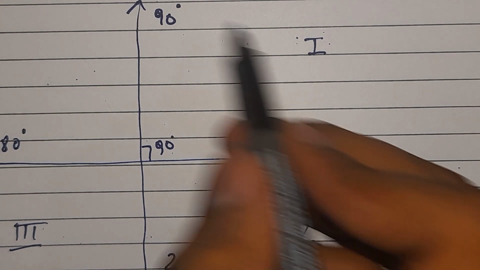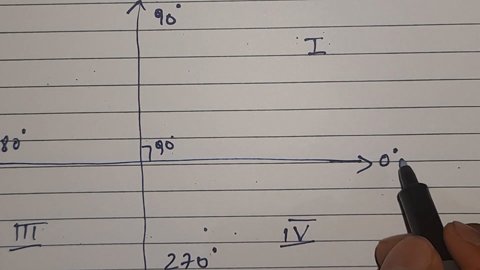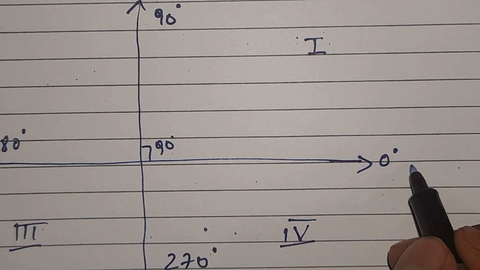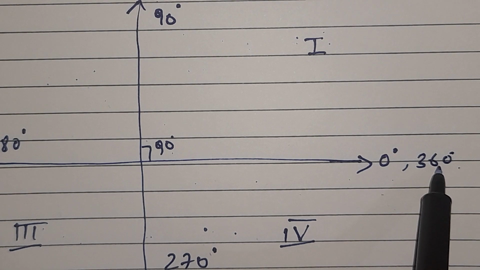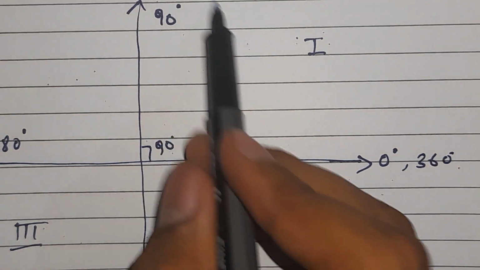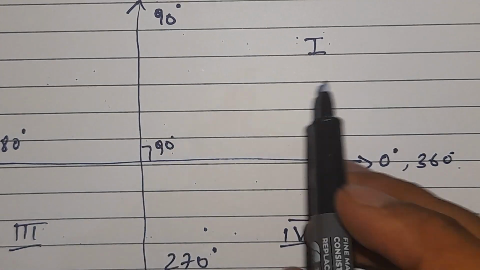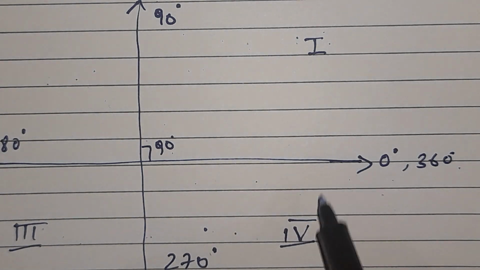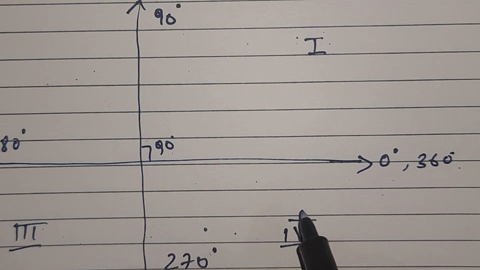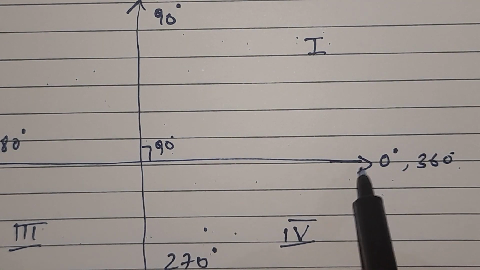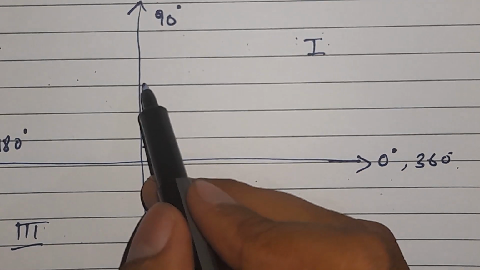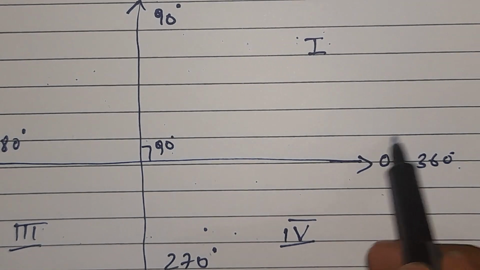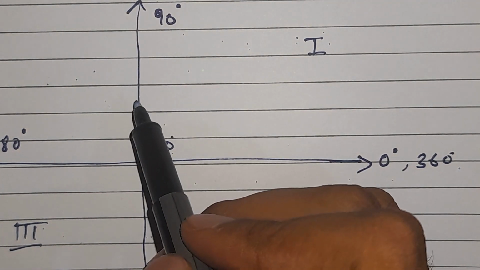The cycle revolves after 270. 360 is also there, and it adds up, and 360 plus 90, then the cycle goes on, and if it goes in reverse, then the angle will be negative. For example, this will be minus 90 and this will be plus 90. This is the x-axis and this is the y-axis.